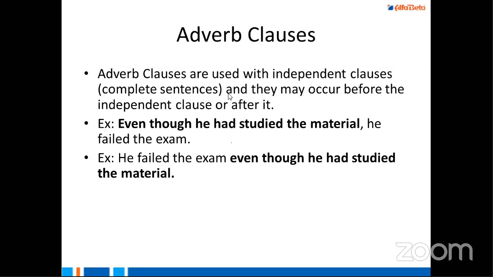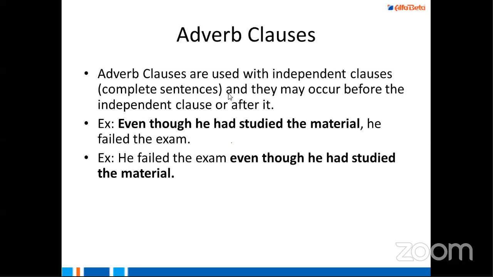The adverb clause is always used with an independent clause. Here, he failed the exam is the independent clause because it's a standalone sentence. Even though he had studied the material, the adverb clause, is not independent. It is not a standalone sentence. Even though he had studied the material does not convey a complete meaning.